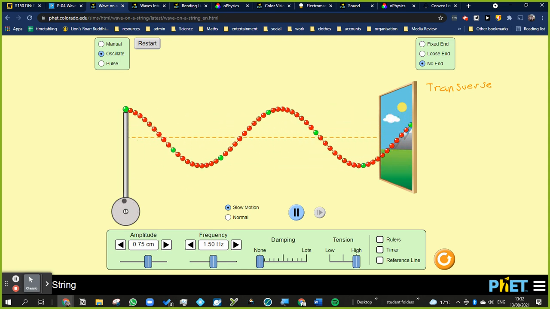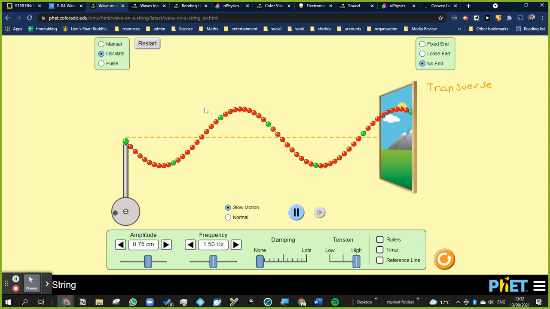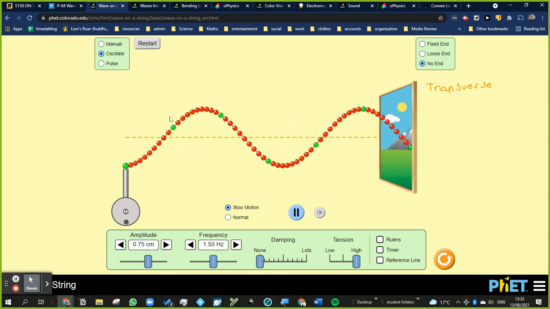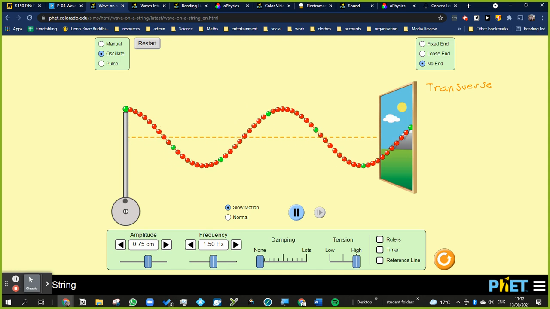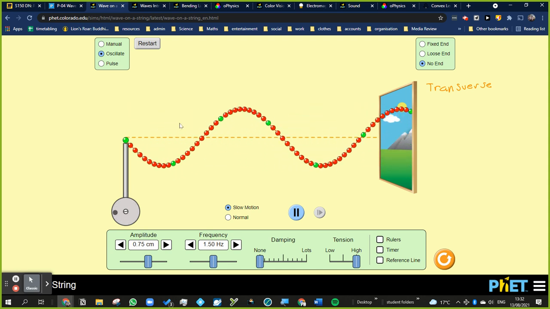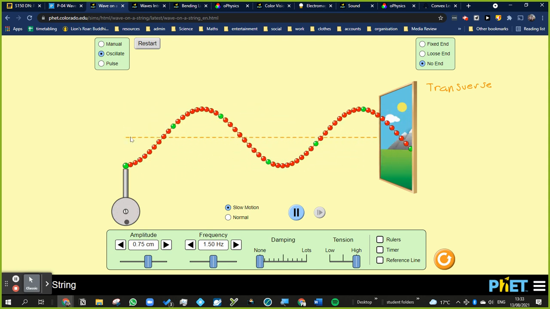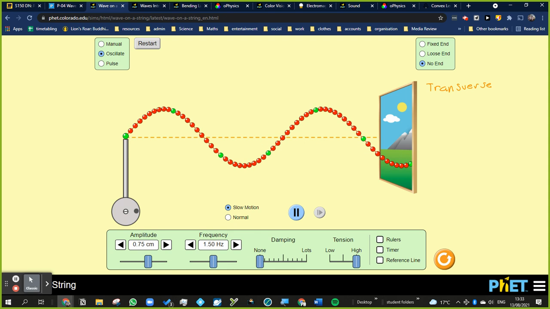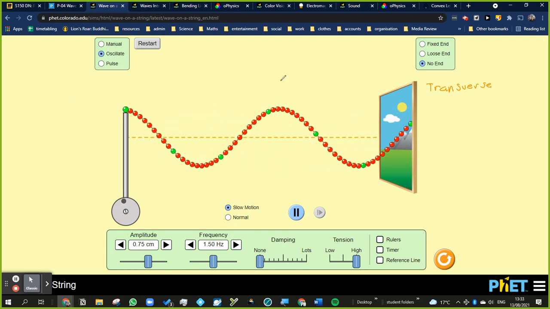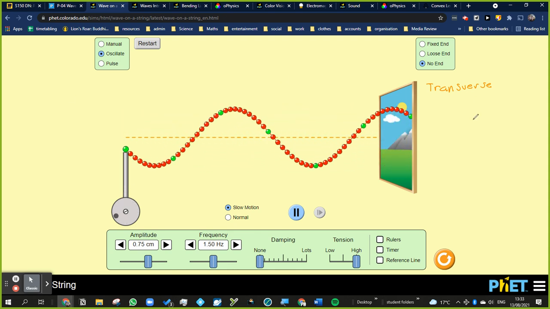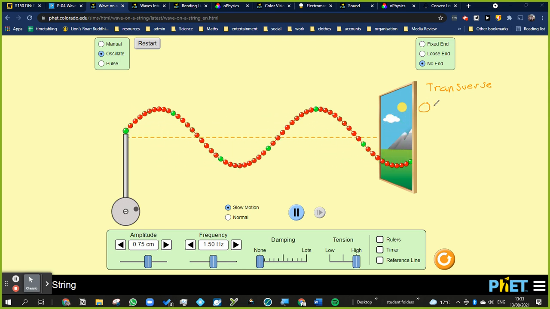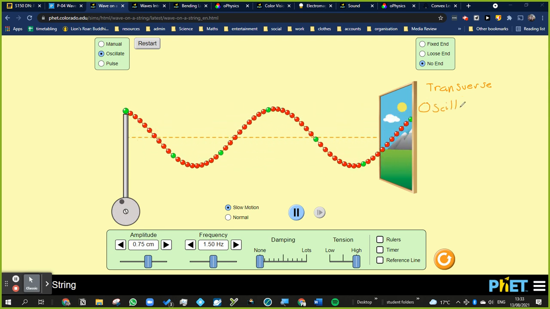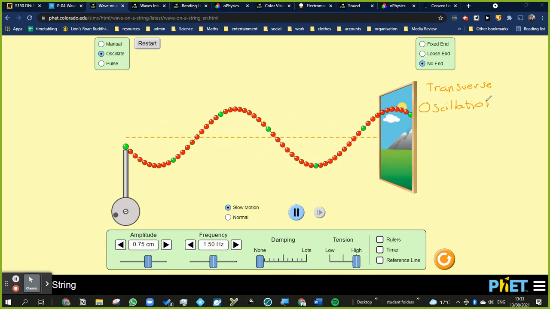The pattern itself is moving from left to right, but the solid stuff that the wave is traveling through is only moving up and down. The string itself is moving up and down, the motor's moving up and down, and that's the thing that is oscillating.